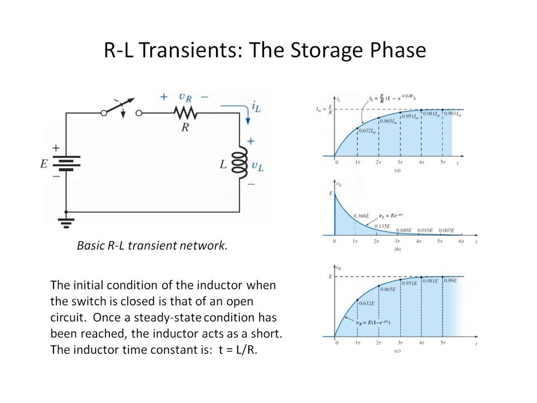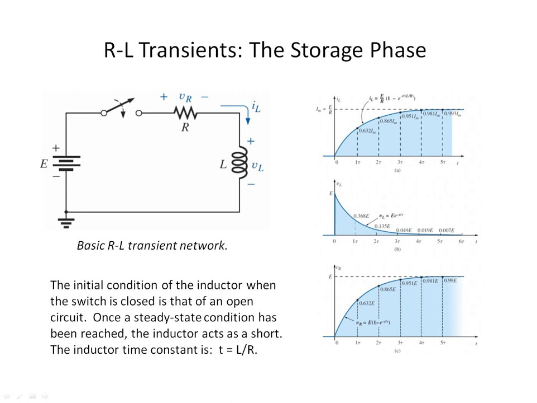Here we have an examination of the transient phase. This is when the inductor is getting charged up, and so it's going to be storing energy. As stated here, the initial condition of the inductor when the switch is closed is that of an open circuit. So when that switch closes, the instant that it closes, the inductor is still acting as an open.